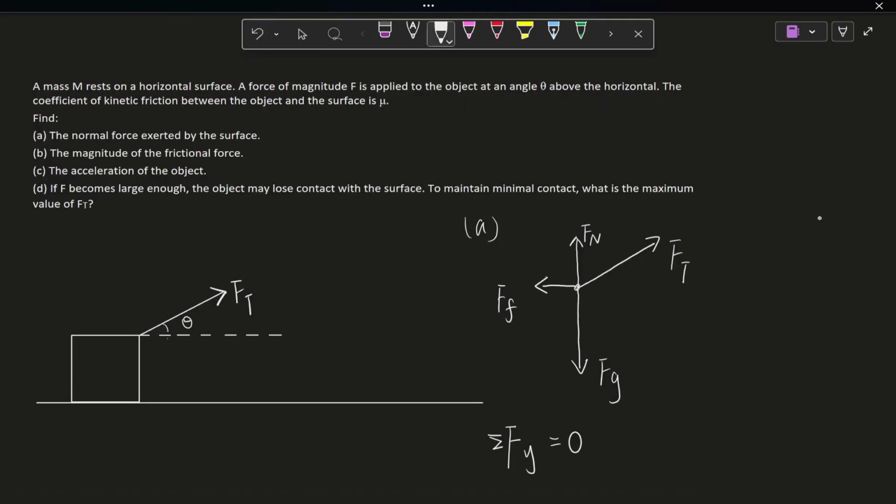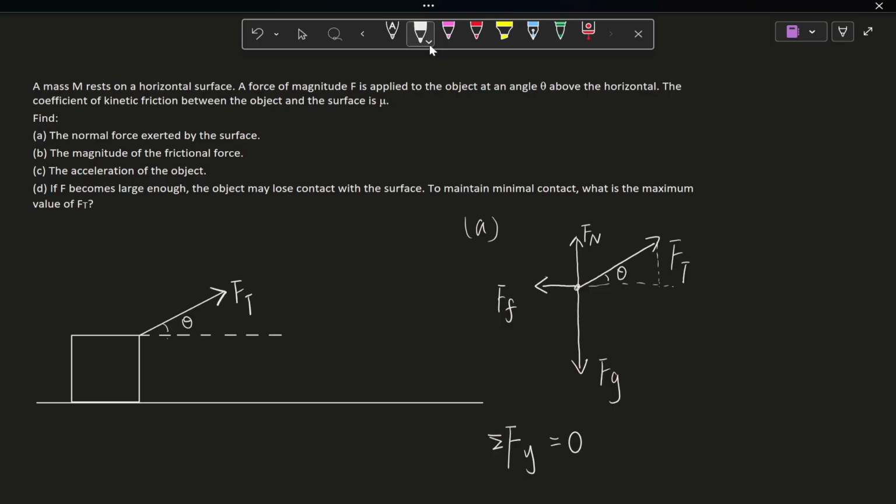So right now, what you need to do is to find the components on the y-axis, or vertical direction. So what you need to do is to break them down. Do something like this, right? As you can see, this is theta, since it's creating an angle with the horizontal surface. So this is theta.